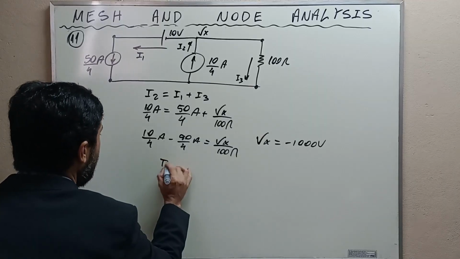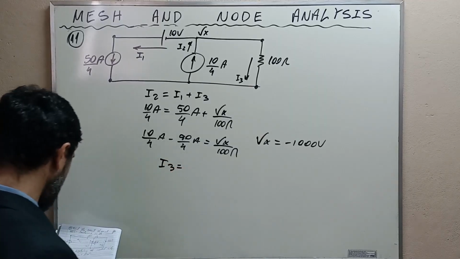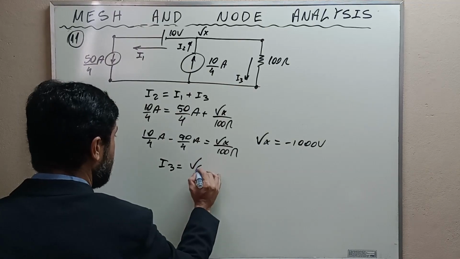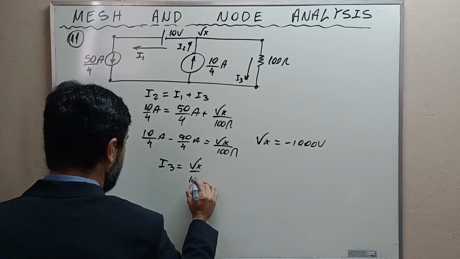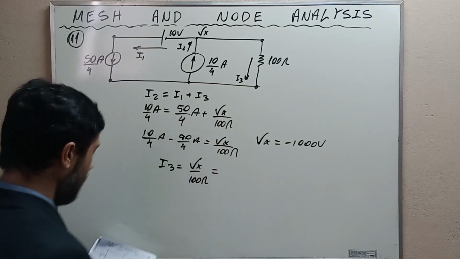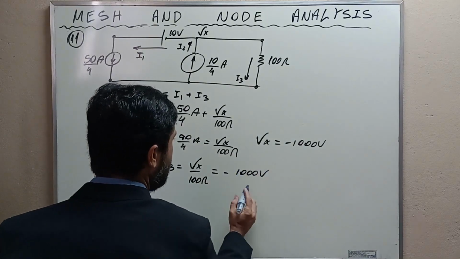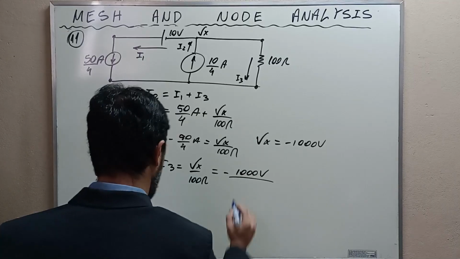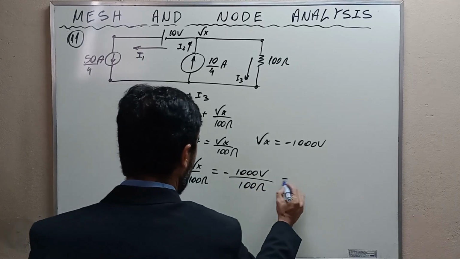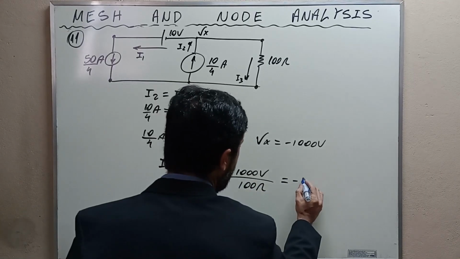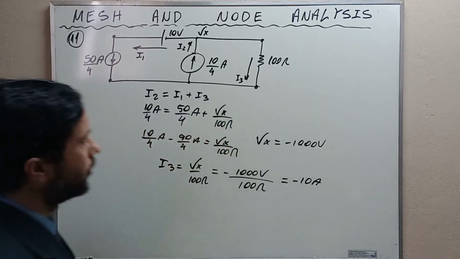Then I3 is equal to Vx divided by 100 ohms, and this is equal to negative 8,000 volts divided by 100 ohms, and this is equal to negative 80 amps. Okay, my friends?